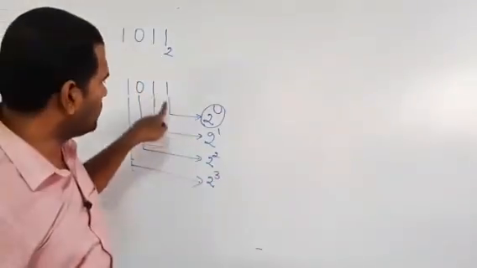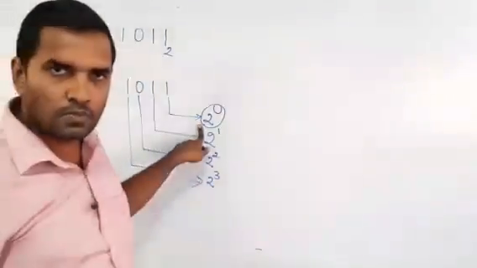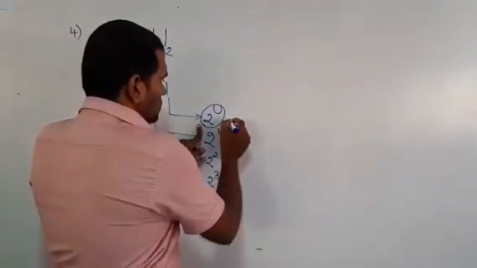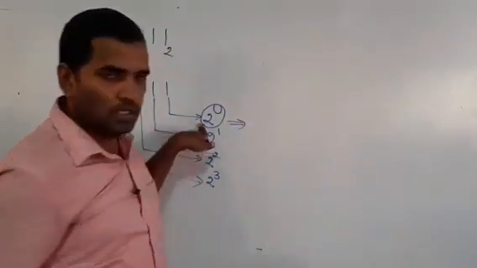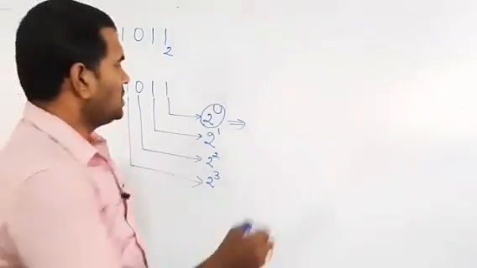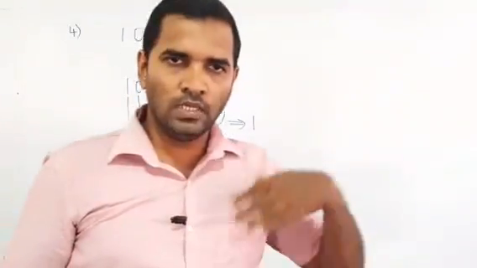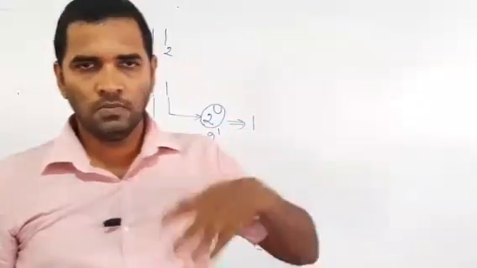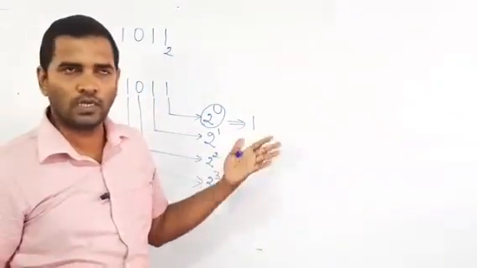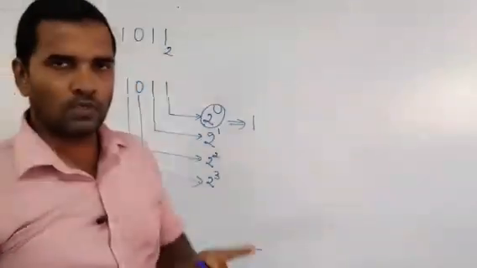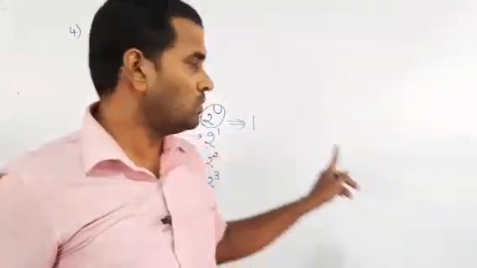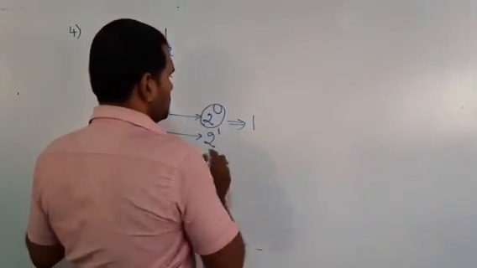Look at the first position: 2 to the power 0. In mathematics, 0 power of any number must be 1. It may be 2 to the power 0, 10 to the power 0, 16 to the power 0 or whatever. So here 2 to the power 0 is 1.